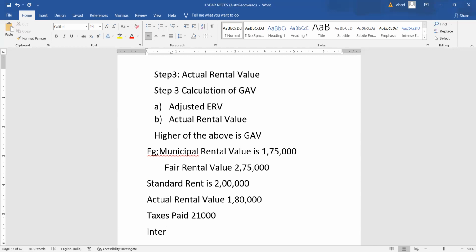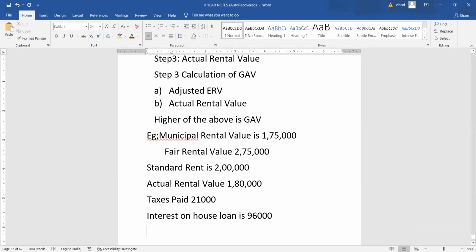Interest on house loan is 96,000. Let's calculate income from house property.